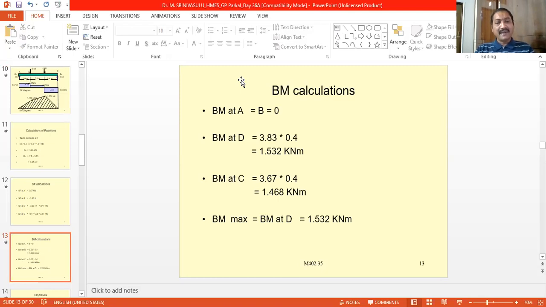Depending on the requirement and as per our convenience, we choose a side. In the present case, if we take the left side, we have only one force, whereas on the right side we have two forces. So one force is simpler, and we have taken it like this.